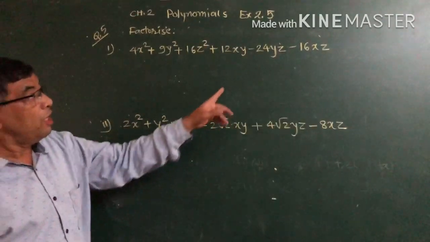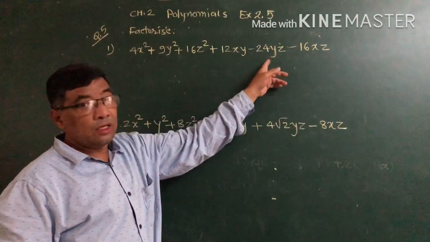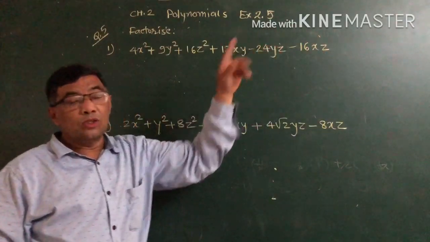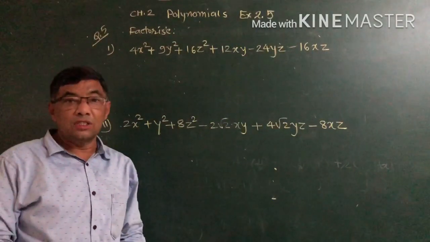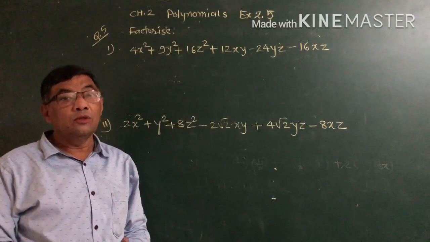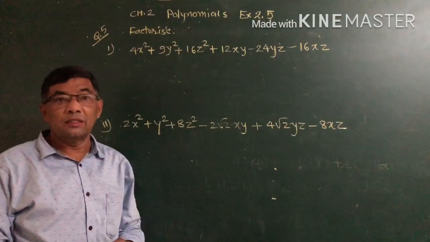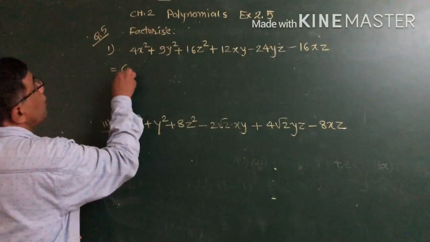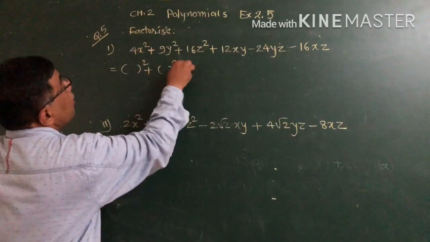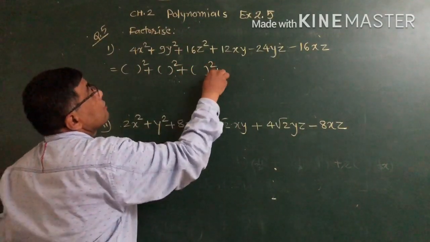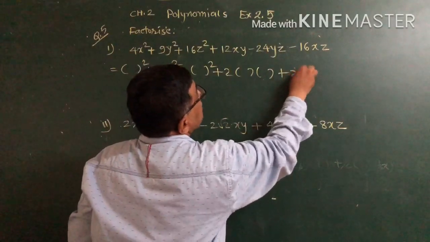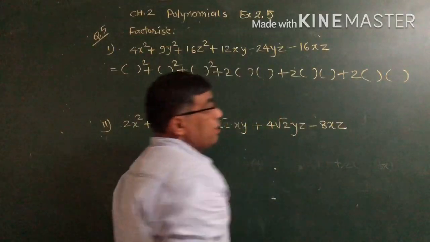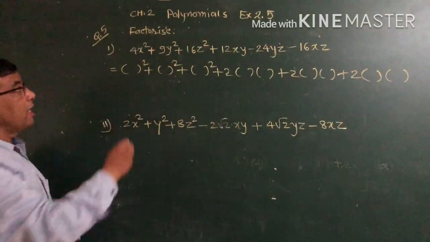So first of all you see that in those two terms which letter is common. Here is yz, here is xz. So z term means you have to consider z term as a negative term. So when you write z term, apply the negative sign. So first of all we have to arrange into the form a square plus b square plus c square plus 2ab plus 2bc plus 2ca, in which now we know that z term is negative.